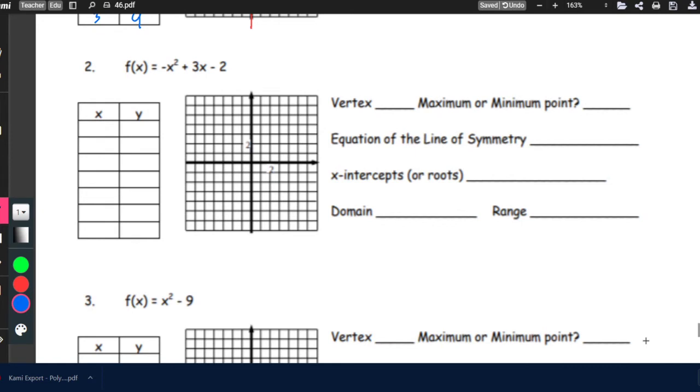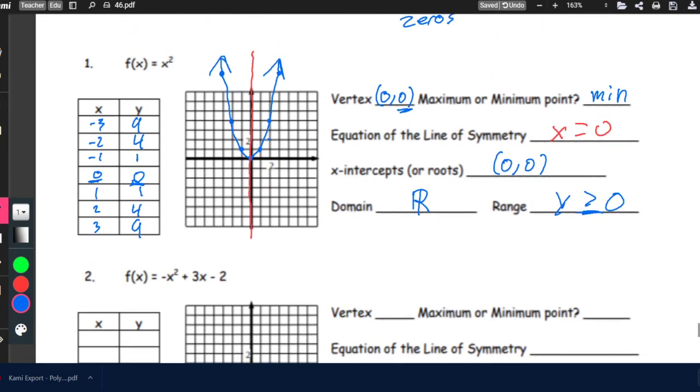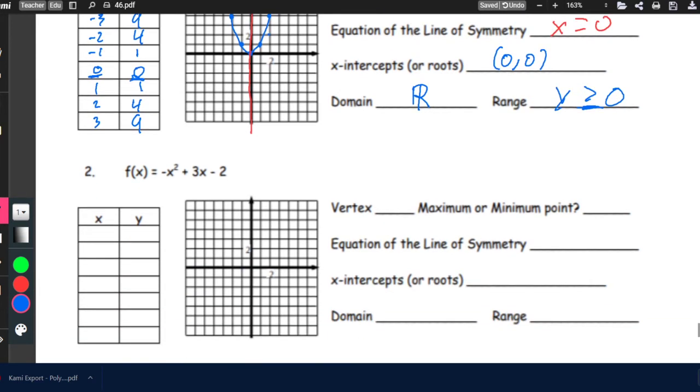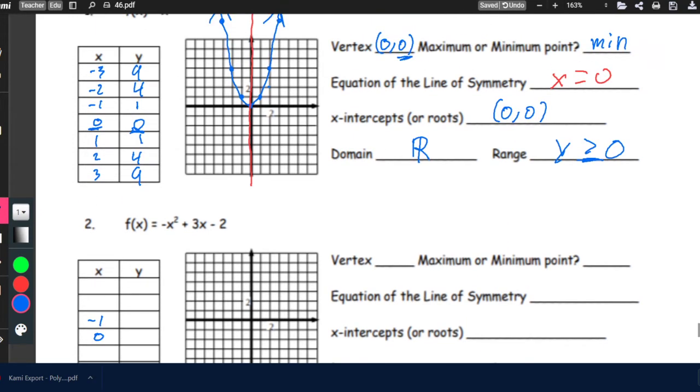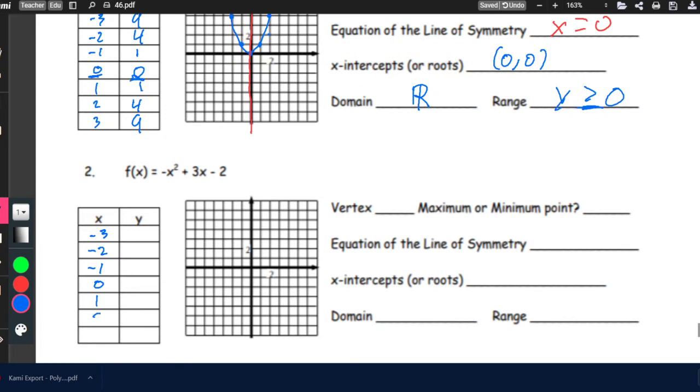Moving on to our next example, a little more complicated. I'm going to start filling out the table. Minus 2 and minus 3, 1, and then 2 and 3.